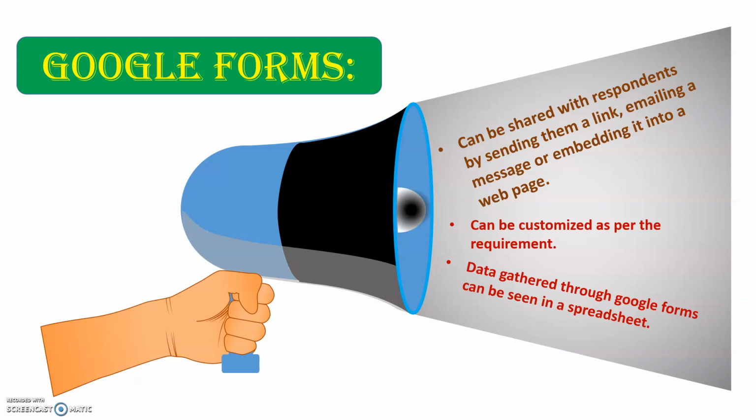Now, whatever information is collected through Google form will appear in a spreadsheet, which looks just like an Excel sheet, and it will always be there in your Google Drive.